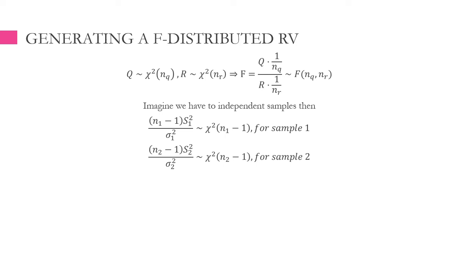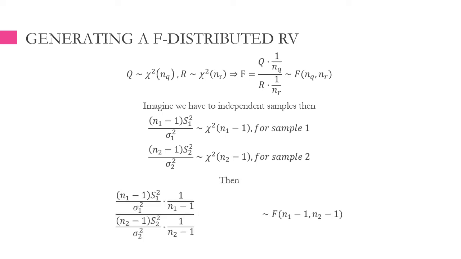So then we have the following. That thing over there, you'll notice, is a chi-squared divided by its degrees of freedom, for the first chi-squared in the numerator of this big fraction. In the denominator of the big fraction is the second sample's chi-squared, multiplied by 1 over the number of degrees of freedom that it has.